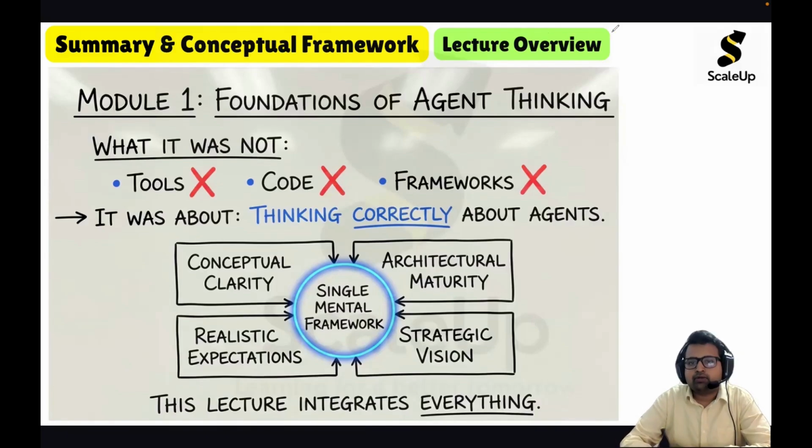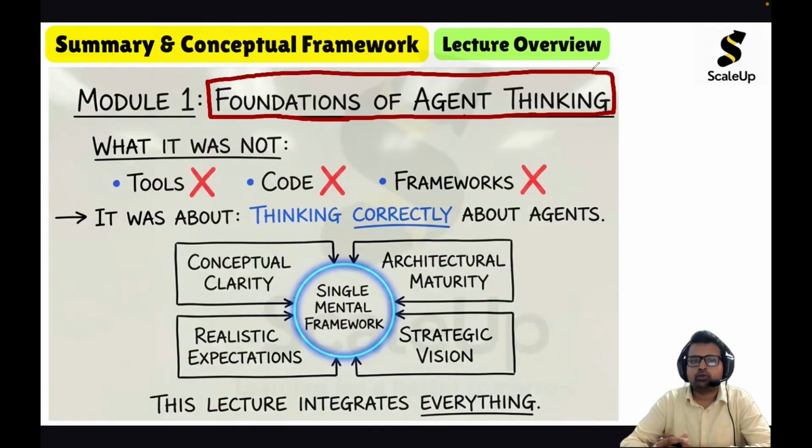Module 1 is about the foundations of agent thinking. All the lectures of module 1 helped you in building the foundations.